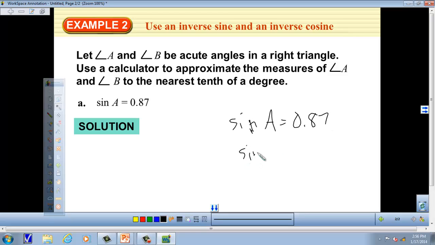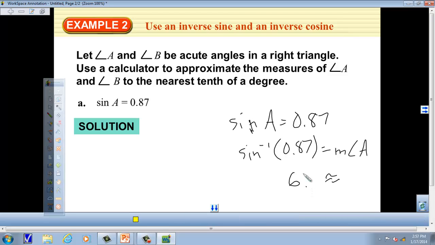Therefore, the inverse sine of 0.87 gives us the measure of angle A. So we punch in the inverse sine here, and for an answer to the nearest tenth, we'd get 60.5.